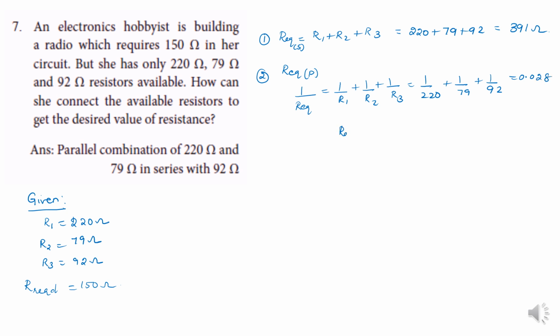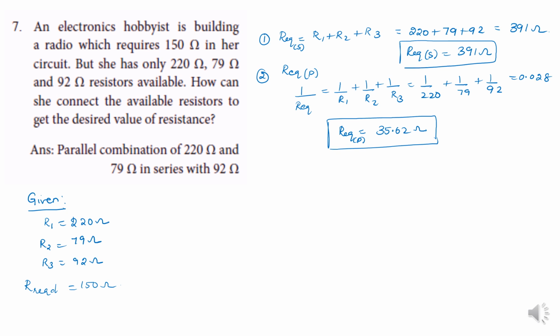R equivalent in parallel connection comes around 35.62 ohms. Again, it is not what she wants, okay. R equivalent when all the resistances are connected in series was 391, so that is of no use. So we are not going to connect all in series, not even all in parallel.